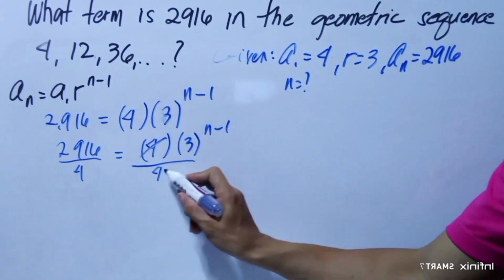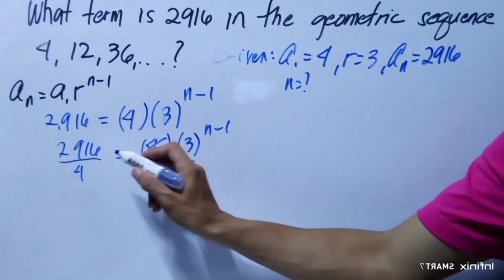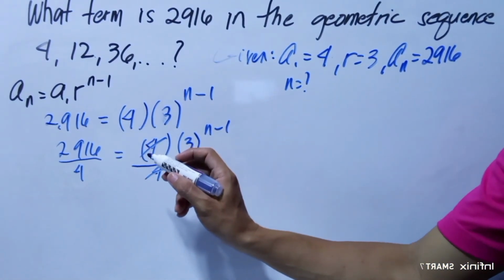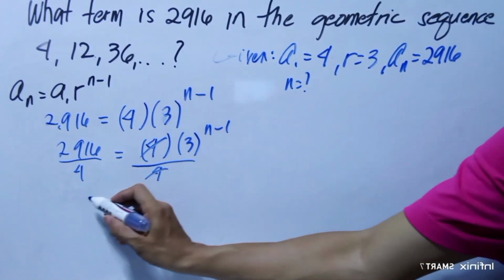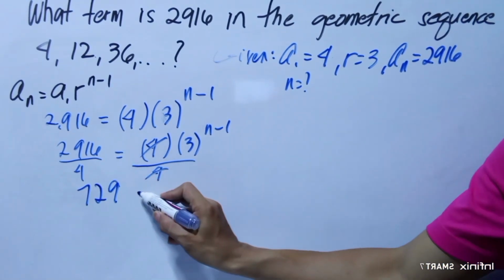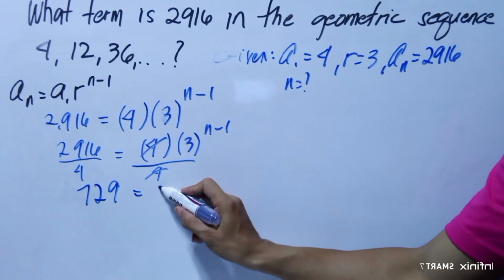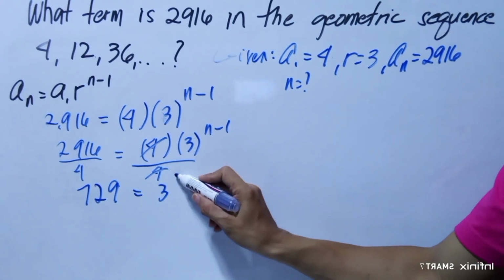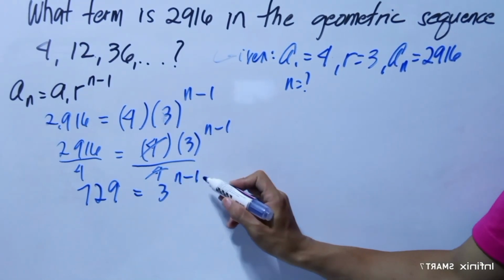Okay? Cancel natin yung 4. Then, 2,916 divided by 4. Okay? So, that is 729. So, equals 3 raised to the power of n minus 1.